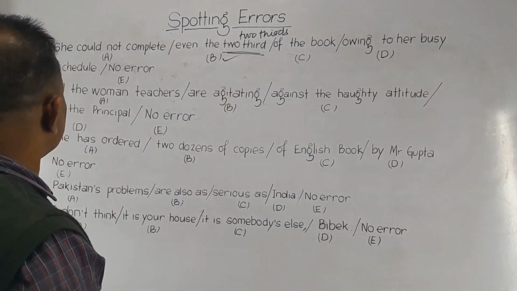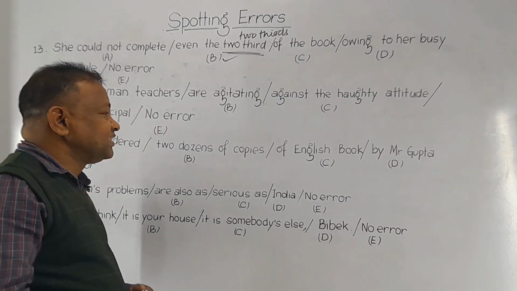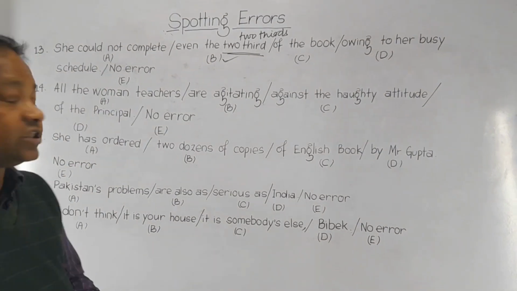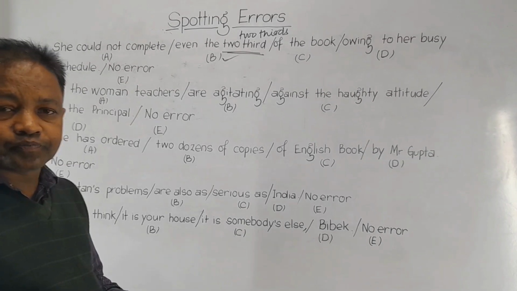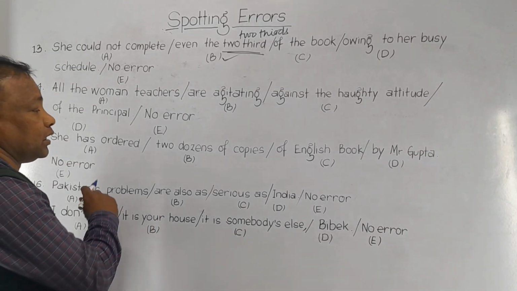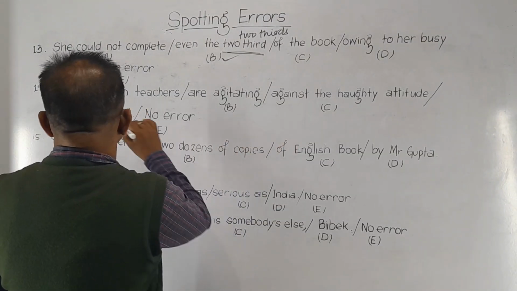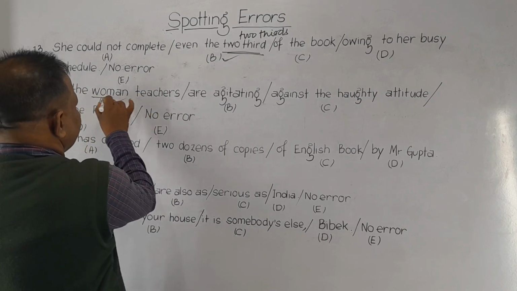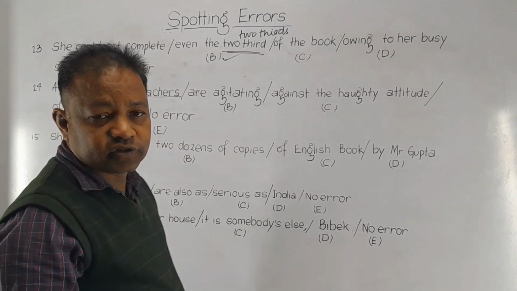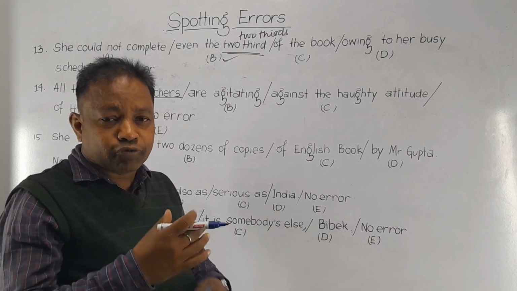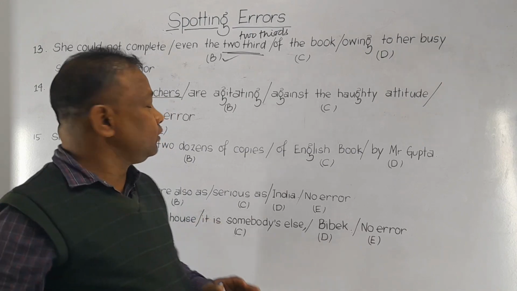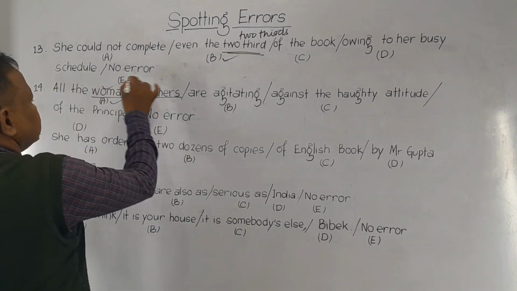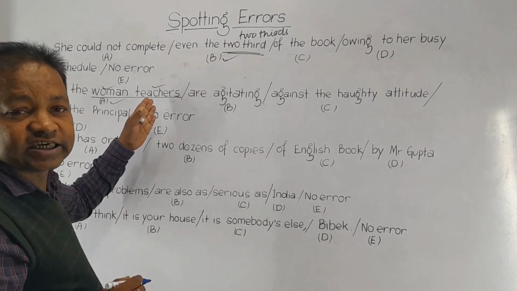Next, number 14. All the women teachers are agitating against the haughty attitude of the principal. Listen, here the error is in part A. Because women teachers, this is a compound noun. When you want to change this one into plural, you have to change both the first part and second part.